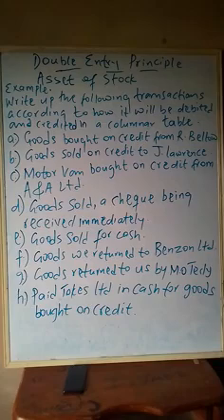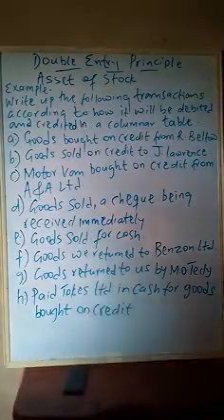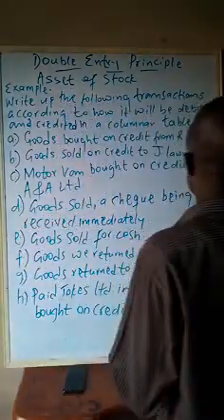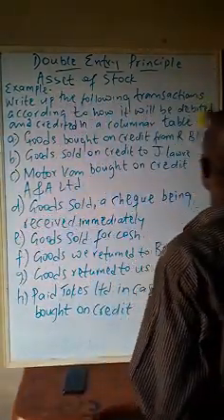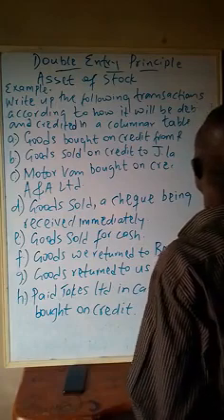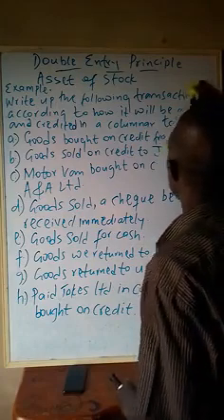Now I wrap up the question to present the solution in a columnar form, in a table form. So double entry principle, asset of stock under double entry principle.